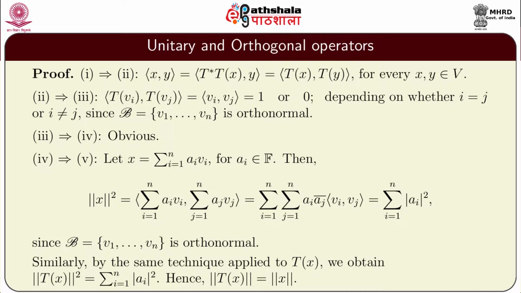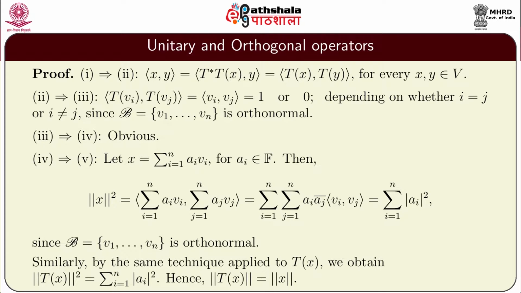4 implies 5. Let x be equal to summation i equal to 1 to n ai vi for ai in the base field F. Then norm of x square is the inner product of summation ai vi comma summation aj vj, and that is equal to double summation i equal to 1 to n, j equal to 1 to n ai aj bar inner product vi vj, which is the same as summation mod of ai square for i equal to 1 to n.